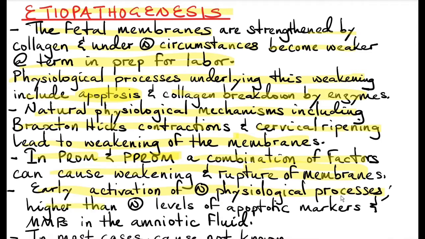So there are higher than normal levels of apoptotic markers and matrix metalloproteinase enzymes in the amniotic fluid, which break down the collagen of the fetal membranes. But in most cases, the cause is not known. So in normal circumstances, when a patient is not nearing term, the fetal membranes are supposed to be strong, reinforced by collagen. But in PROM and PPROM, these fetal membranes are weak.